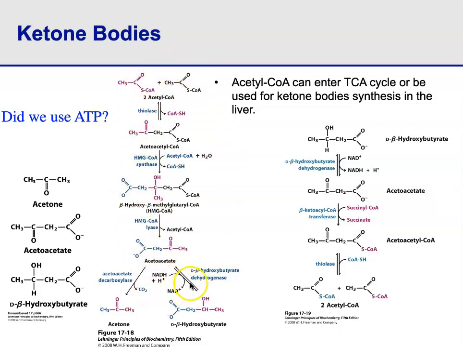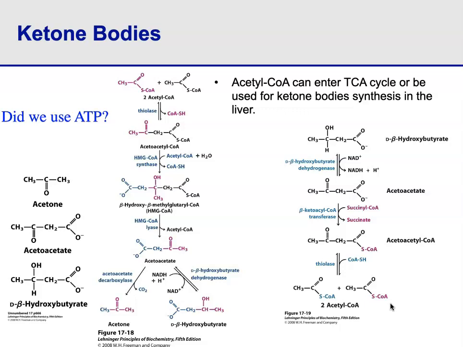No other tissue will generate ketone bodies. That's why the liver is so essential. And the liver is the only tissue that cannot use ketone bodies. So the liver generates ketone bodies, and they're released for every other tissue to use. I'm repeating this because the generation happens in the liver, then beta-hydroxybutyrate and acetoacetate are released. They go back to acetoacetyl-CoA, and then from acetoacetyl-CoA to acetyl-CoA. Now that acetyl-CoA in those tissues will be used in the TCA cycle to generate energy.